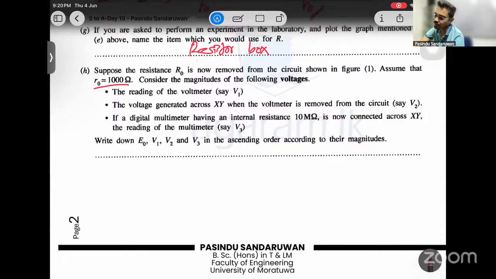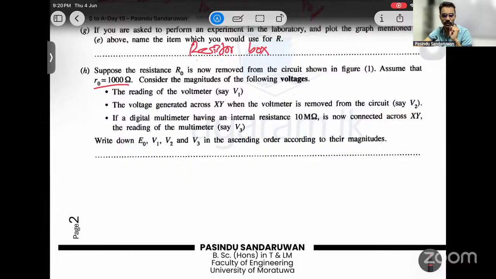Consider the magnitudes of the following voltages. The reading of the voltmeter, say V1. Second one, the voltage across XY when the voltmeter is removed from the circuit. That's a good point. Always when the voltmeter is connected, it absorbs a voltage.